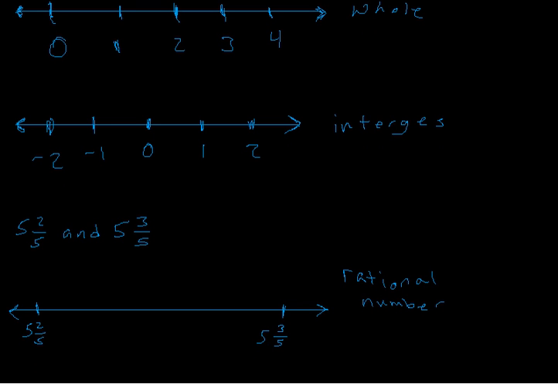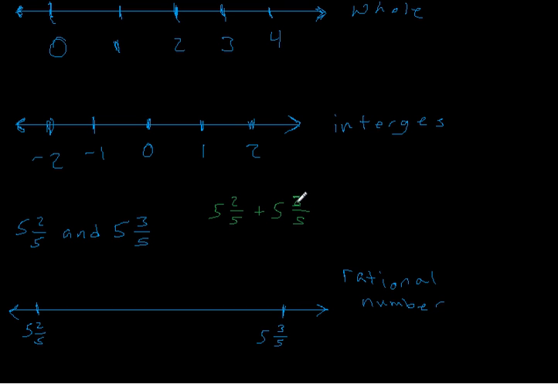Well, how can we do this? The way to do this, I'm going to change our color for a second just so you can see. I'm going to take the average of these two numbers. I'm going to take 5 and 2/5 and add it to 5 and 3/5, and that's going to give me a midpoint.